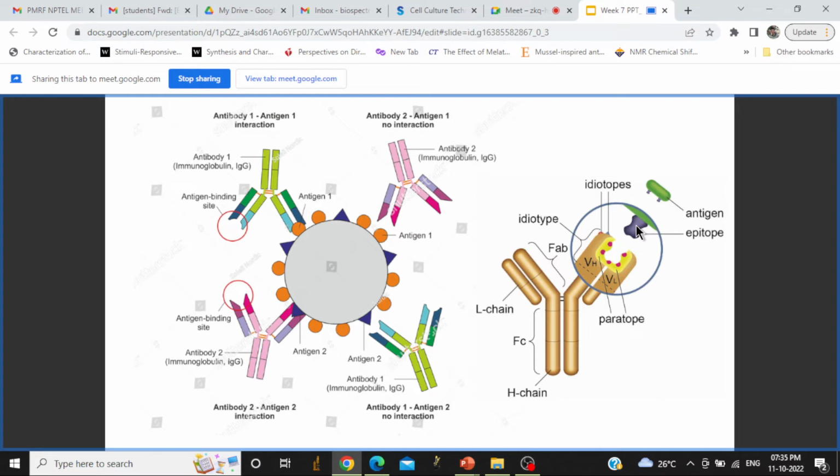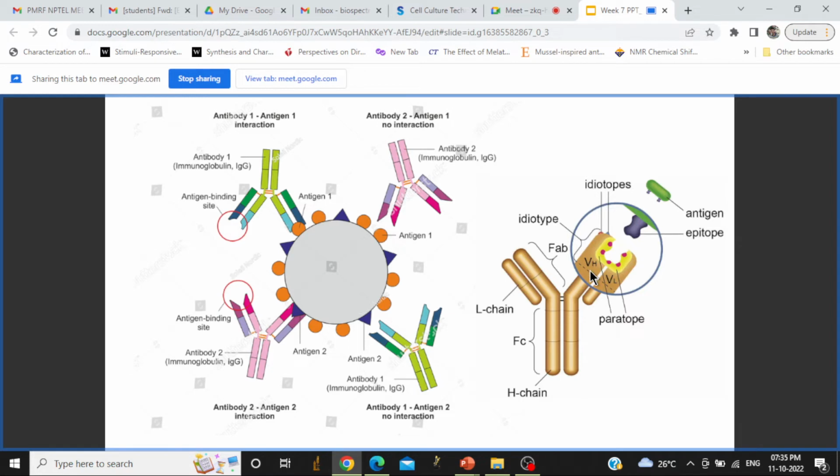If I remember that, I will let you know. And this epitope is shown to that antibody when this antibody is formed. So this antibody is now made for this specific epitope also, and it knows this epitope. So it will bind to only this type of epitope or this type of antigen. So that's why they are specific to this.